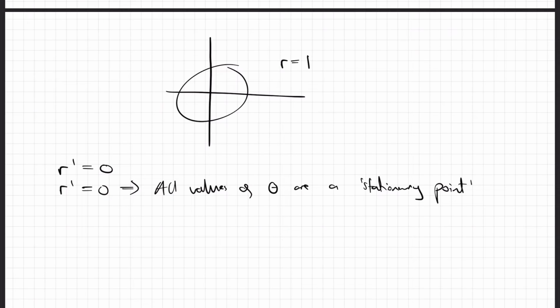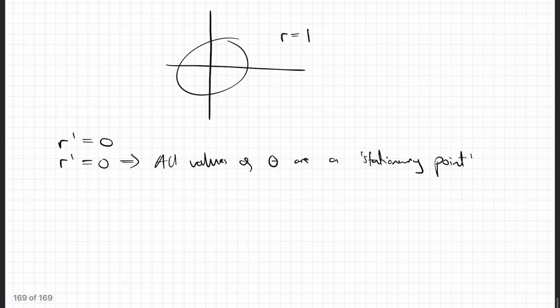Hopefully that makes sense, because since this is a circle, every single point is going to be turning and changing. That's why every single point is considered a turning point. Everything is a turning point on this.